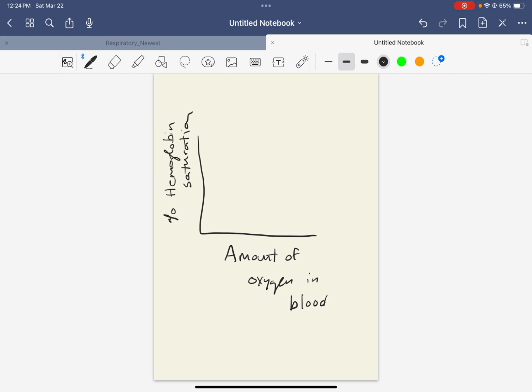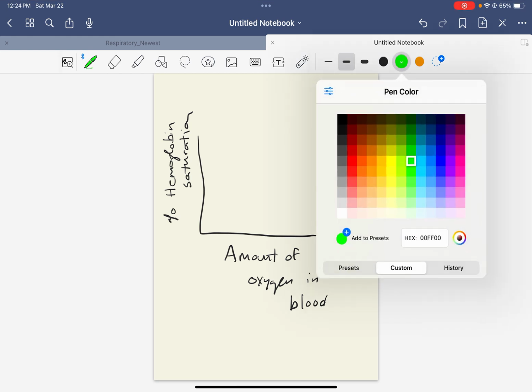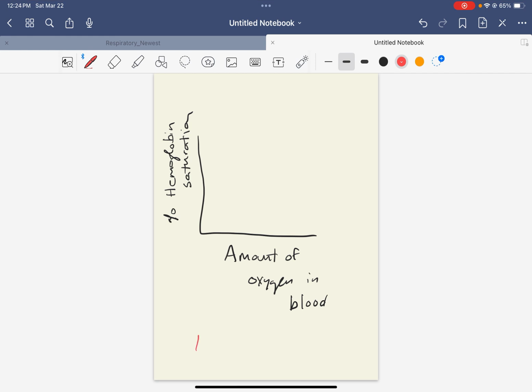These are directly related, and you already know this. The more oxygen I have, the higher percentage of hemoglobin saturation. If I simply have more oxygen in the blood, then I can better fill the hemoglobin. So it's a direct relationship.